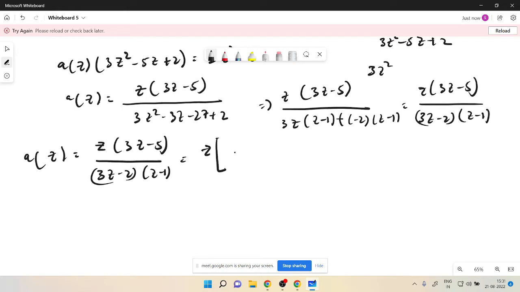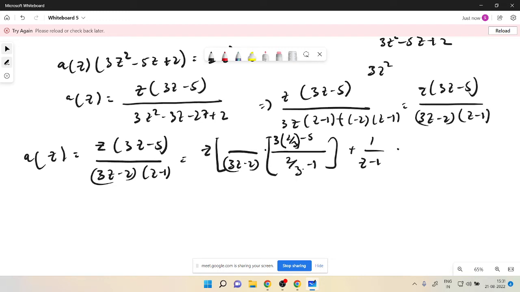Z we can take common, divided by 3z minus 2 into, you have to substitute 3 into 2 by 3 minus 5 by 2 by 3 minus 1, plus 1 by z minus 1 into 3 into 1 minus 5 by 3 into 1 minus 2.